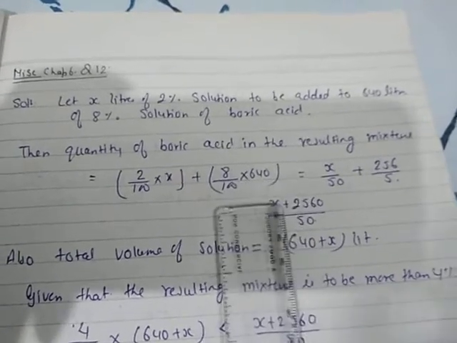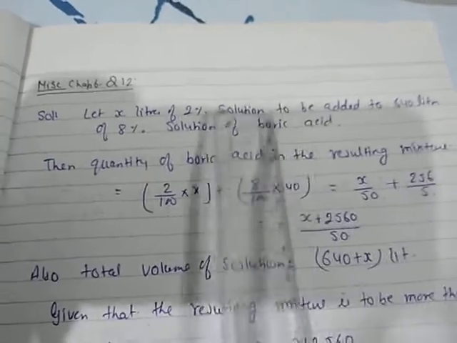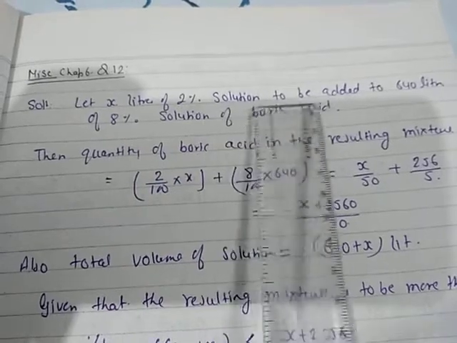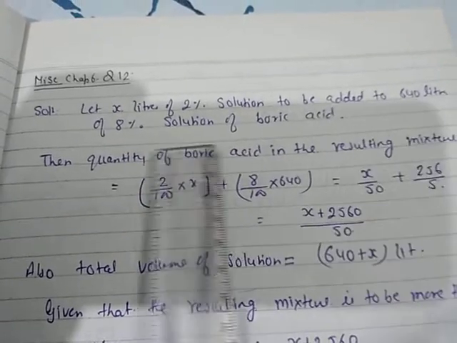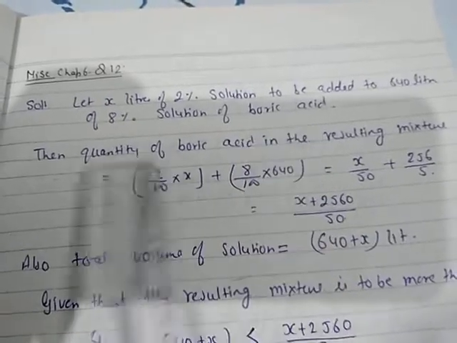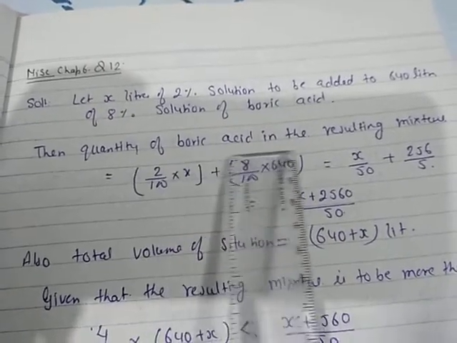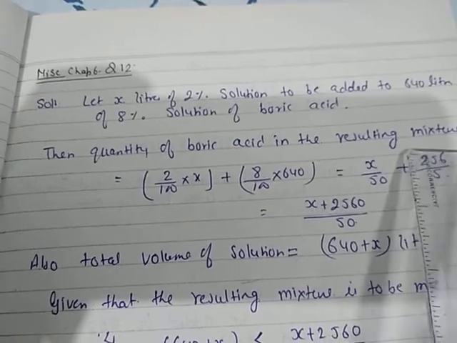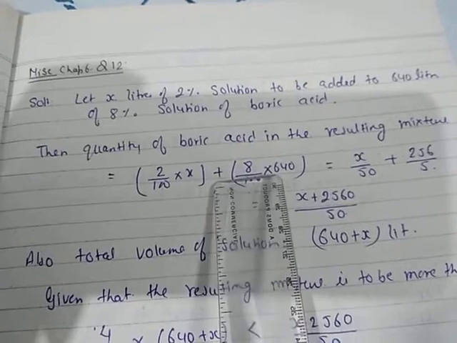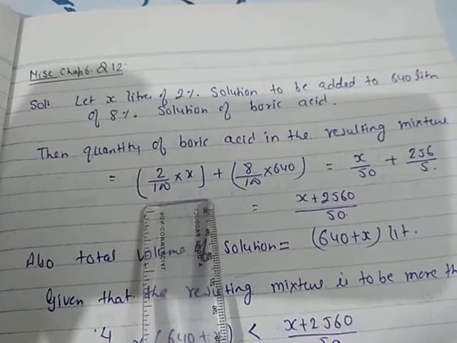This is the question. Now the solution is, let X liters of 2% solution be added to 640 liters of 8% solution of boric acid. Then the quantity of boric acid in the resulting mixture is 640 liters of 8% plus X liters of 2%.